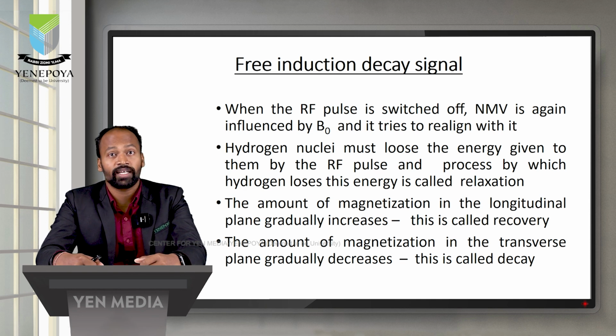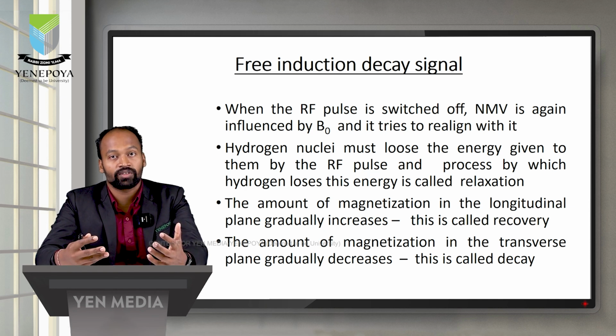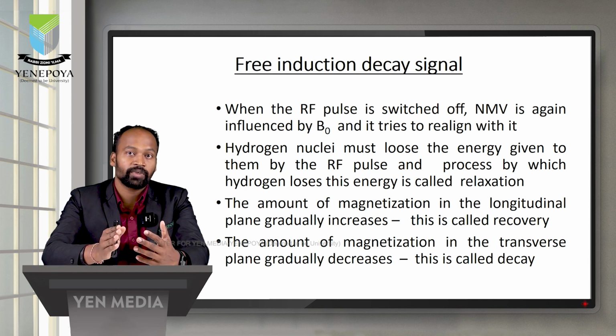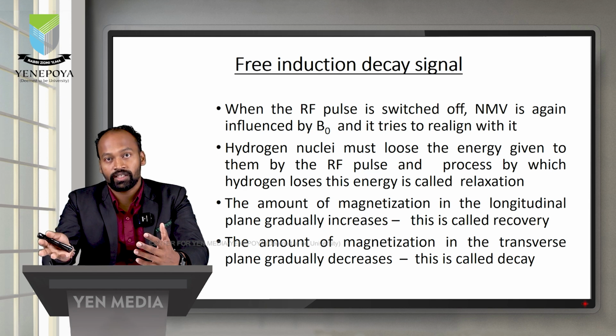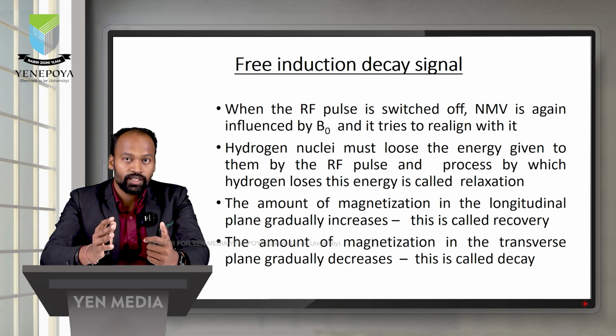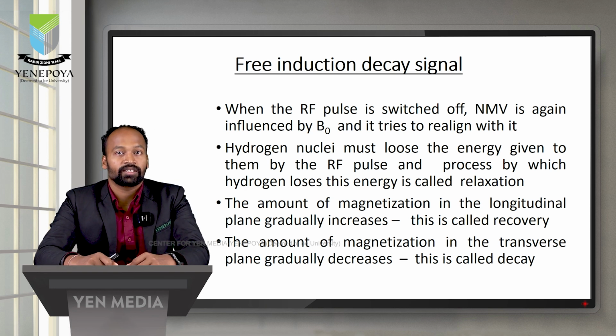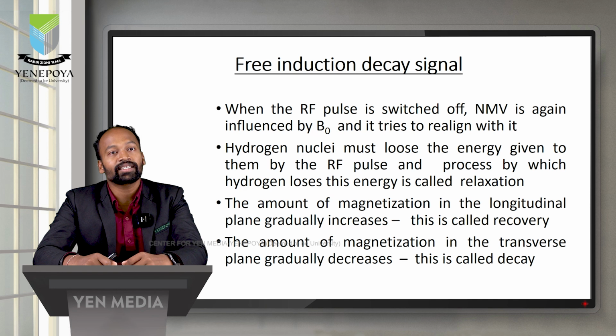The hydrogen nuclei must lose the energy given by the RF pulse, and the process by which hydrogen loses that energy is called relaxation, meaning the energy we gave to the hydrogen nuclei to move the net magnetization vector into the transverse plane. So, after switching off the RF pulse, it comes back into the net magnetization vector, and that is known as relaxation.